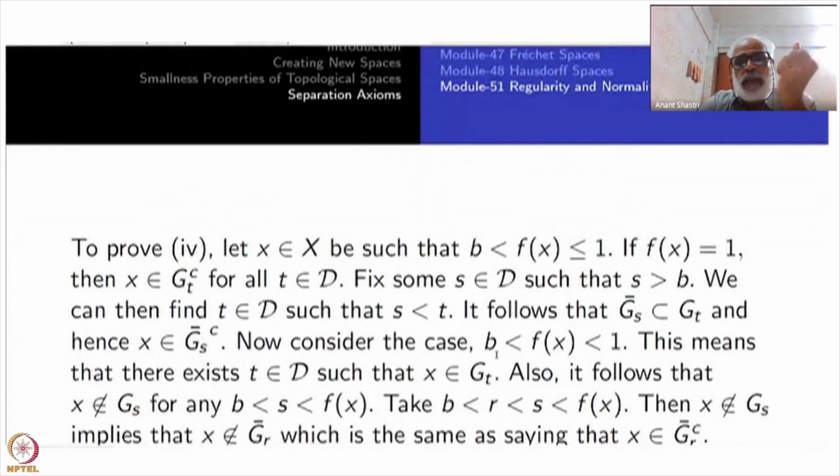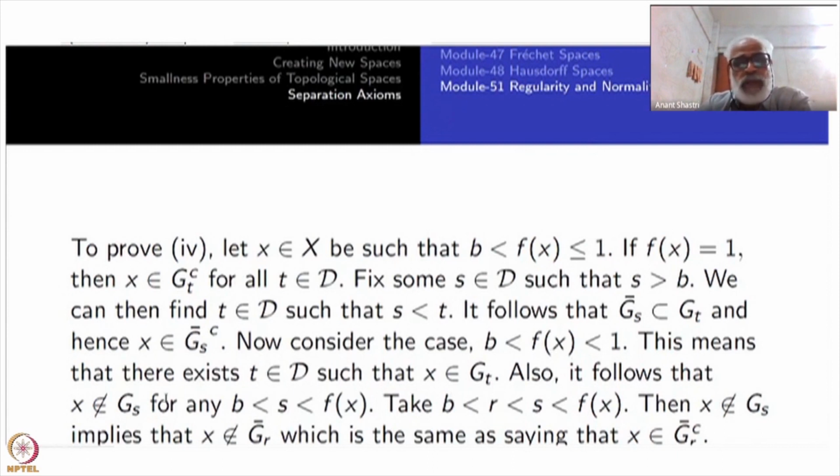Now it may happen that b is less than f(x) and f(x) is strictly less than 1. When f(x) is strictly less than 1, it is a second condition, namely f(x) is infimum of all t such that x is inside G_t. This means that x is inside G_t first of all, and then you have to take that f(x) is bigger than b but less than 1, which is what I have done.